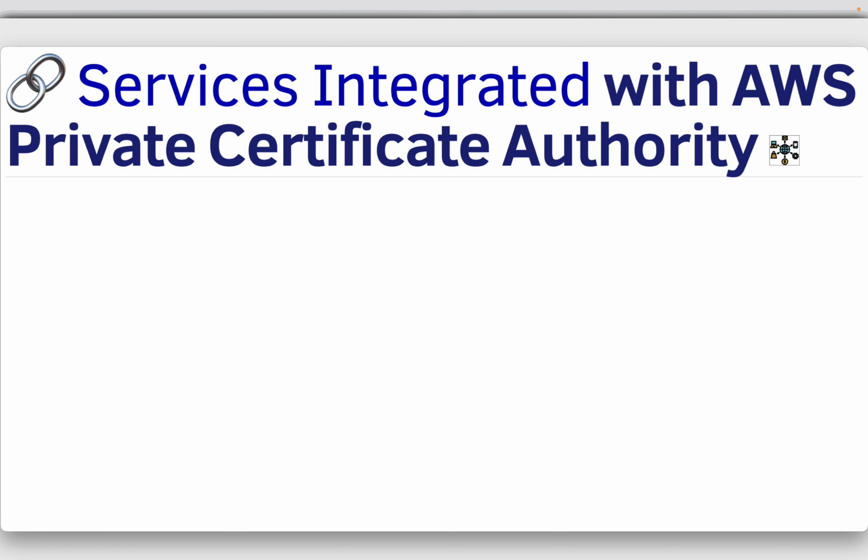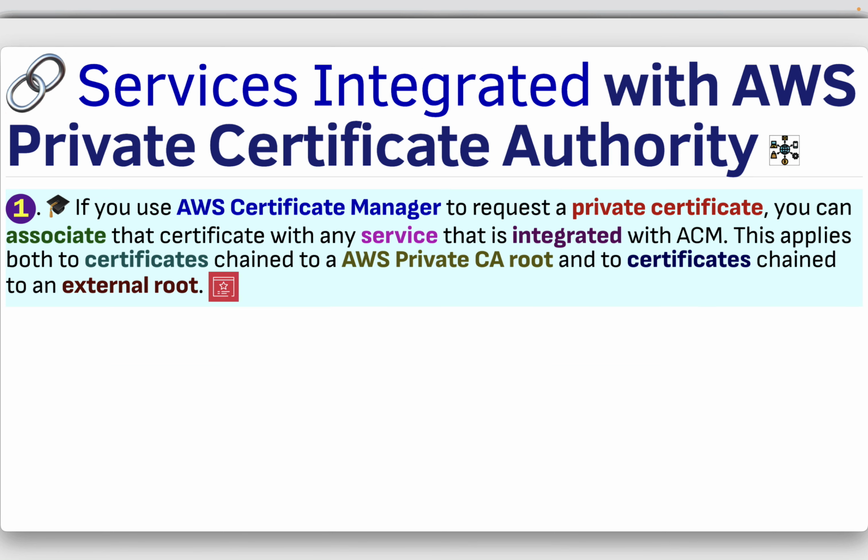Services integrated with AWS Private Certificate Authority. If you use AWS Certificate Manager to request a private certificate, you can associate that certificate with any service that is integrated with AWS Certificate Manager. This applies both to the certificates chained to AWS Private CA root and to certificates chained to external root.